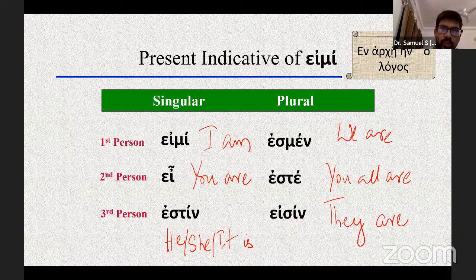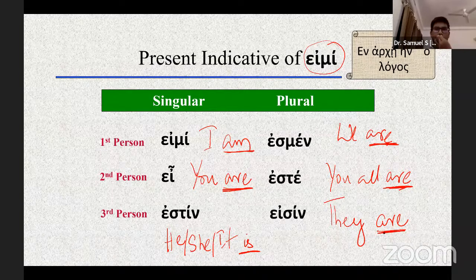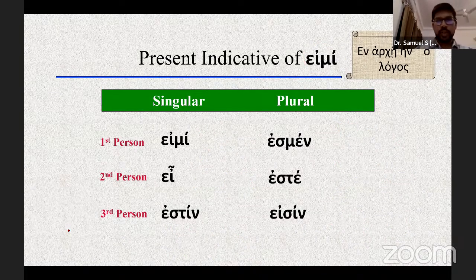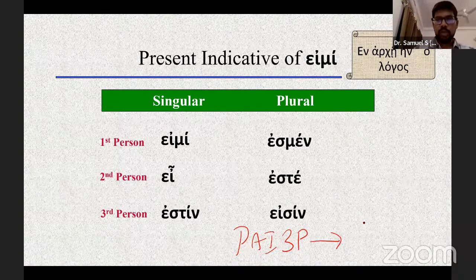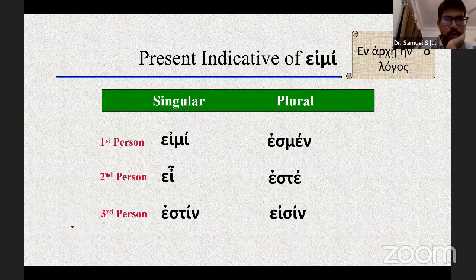So eimi is communicating the to be verb. If I say, please parse eisin, you would say it is present active indicative third person plural, and its meaning is they are. So this is what you'll have to memorize. Just some notes here. These two are the most famous ones.